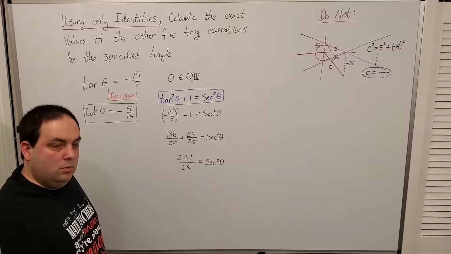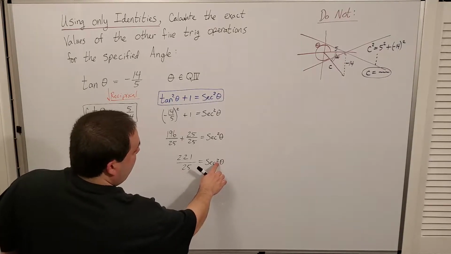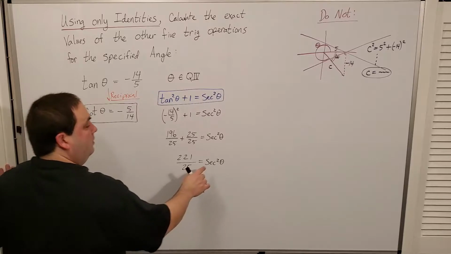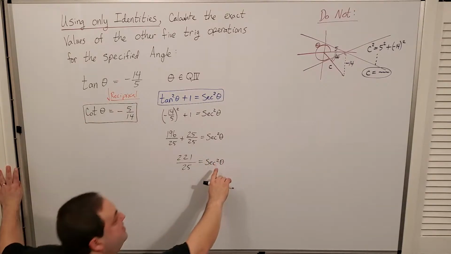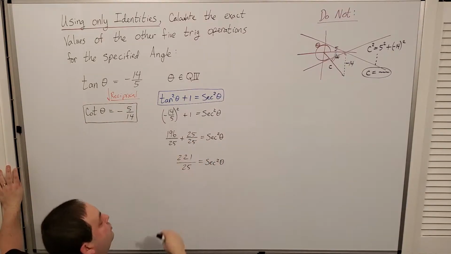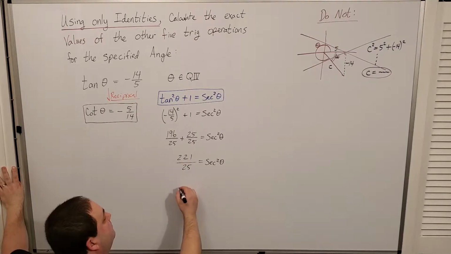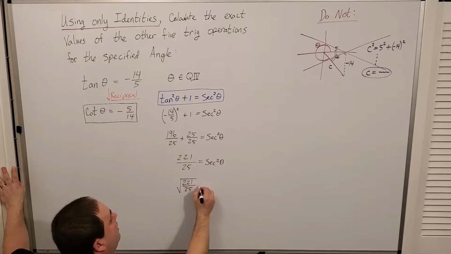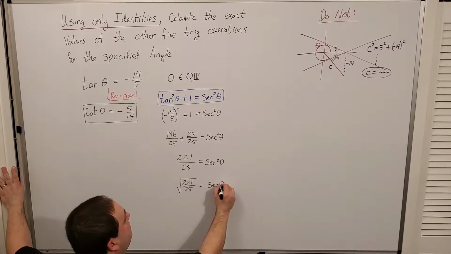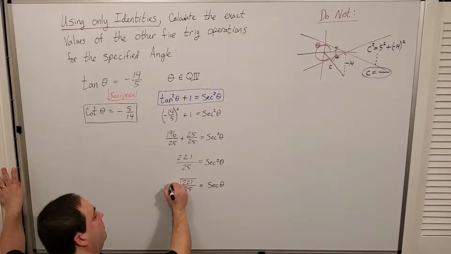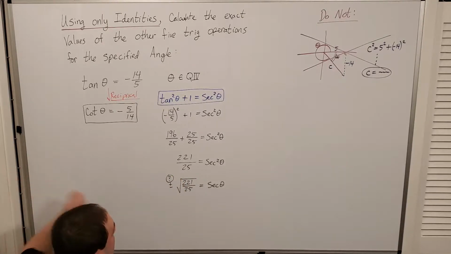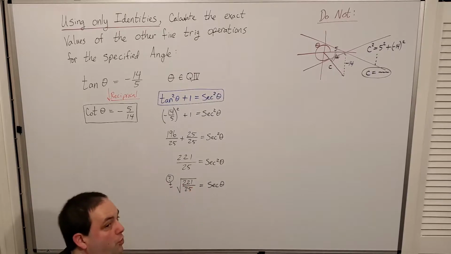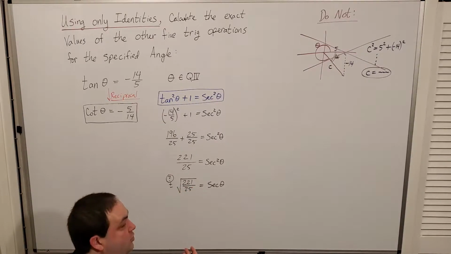And now I simply am going to take the square root. To get rid of the squared on secant squared here, I'm going to square root both sides. So I'm going to be doing the square root of 221 over 25 is equal to secant theta. And here's another thing: plus or minus. Should be a question here. Whenever you bring up the radical, which one is it?